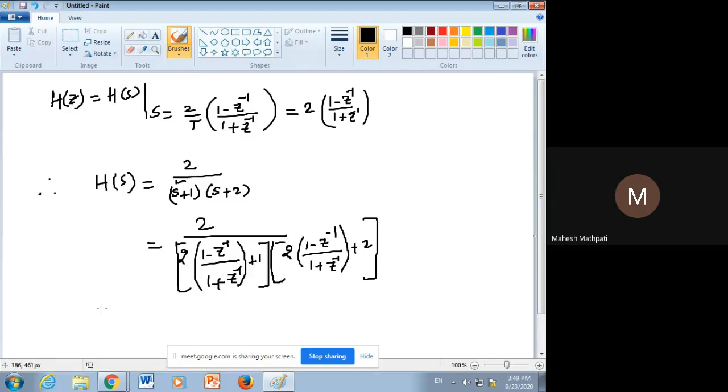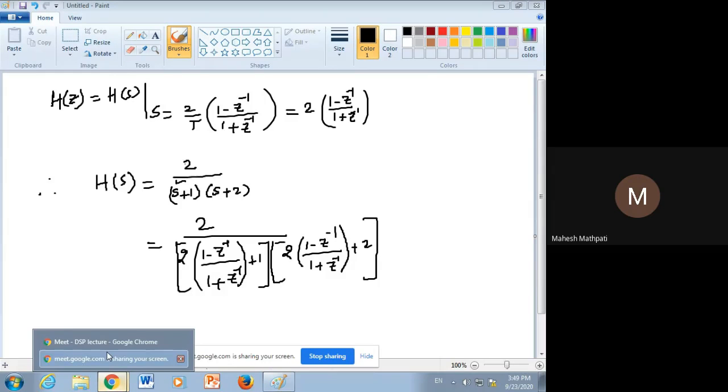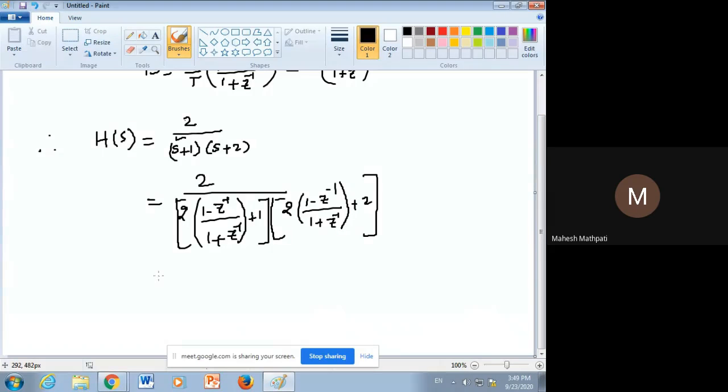Hello? No, sir. Okay. Then further, how can we simplify this? So I can write it as simply 2 divided by, 2 into (1 minus z inverse) plus (1 plus z inverse), divided by (1 plus z inverse), close the bracket.